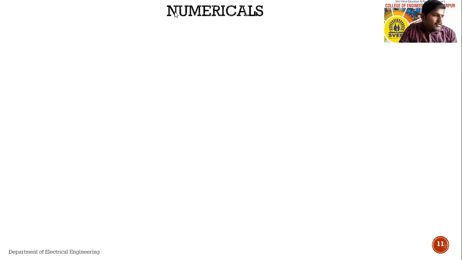The question is: find the efficiency when the machine is run as a generator and when the machine is run as a motor. Put the answer in the chat box. Roll number 14, you have solved. What is the answer?